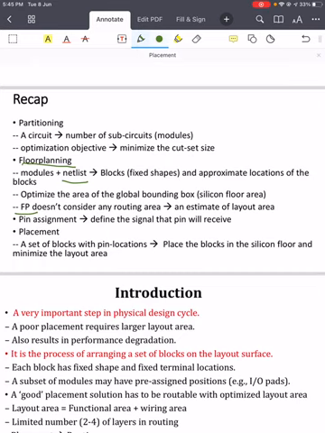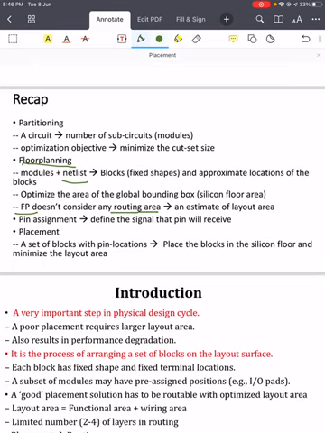Routing means the area where the wires, or the interconnections, can be laid out. So after floor planning, we can only have some estimate of the layout area, meaning we only understand the approximate functional area. But we don't consider any area for routing or wiring.